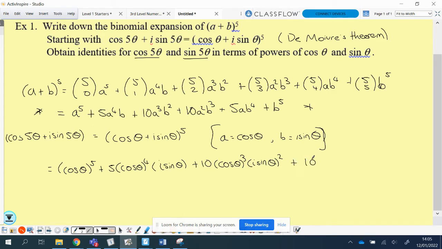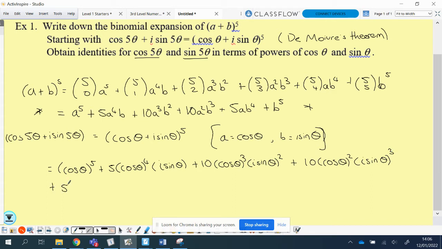Plus 10 cos theta squared times i sin theta cubed.